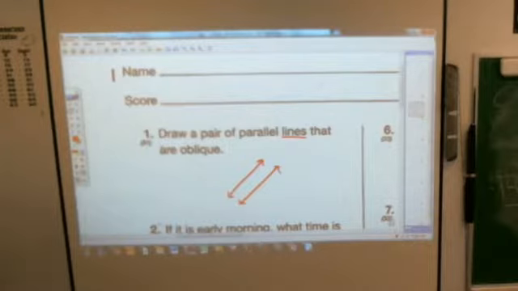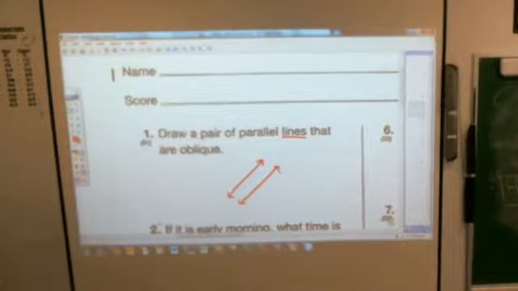So, number 2 should be 3:40 a.m. Number 3 is 31 years. Number 4 is 1, 3, 5, and 15. Number 5 is 48.